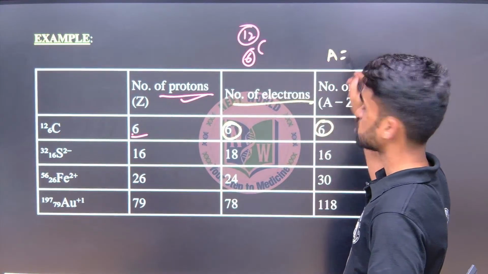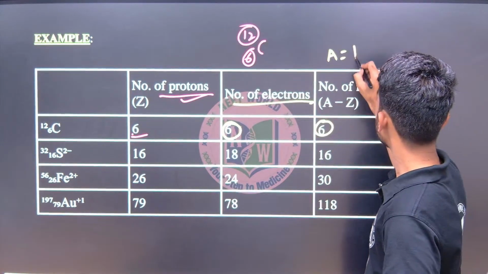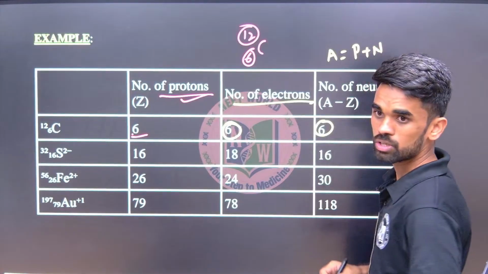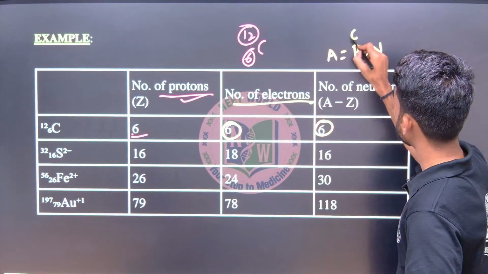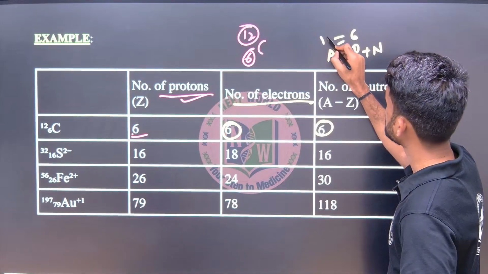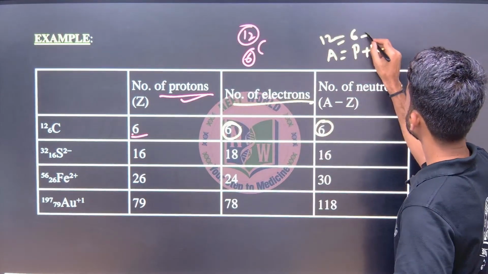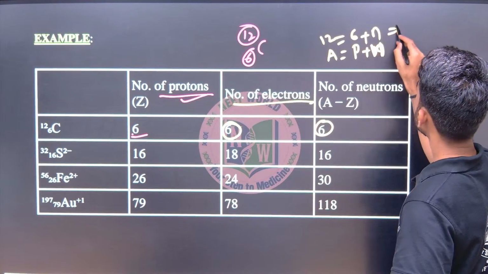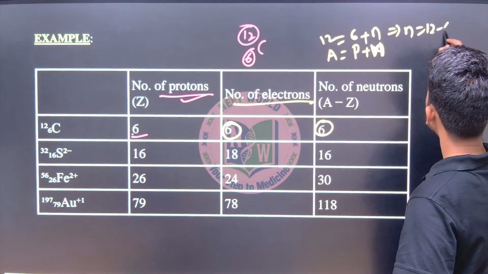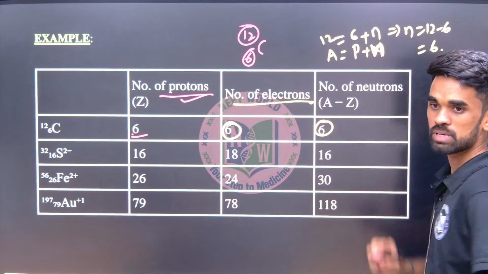A equals mass number, which comes from protons plus neutrons. We know 6 protons are there and the mass number is 12. I just want the number of neutrons, this is small n. So small n will be 12 minus 6, so 6. That's why it is 6.